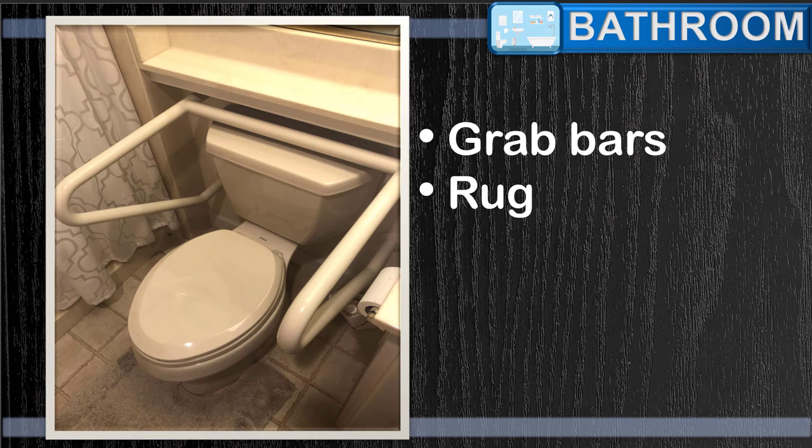But if you're not able to install grab bars, another option is going to be a raised toilet seat, and that's just an attachment that goes onto the toilet right here and locks there, and it just makes it so there's a few inches above where your toilet height stops, so it's a little bit easier to get off of.